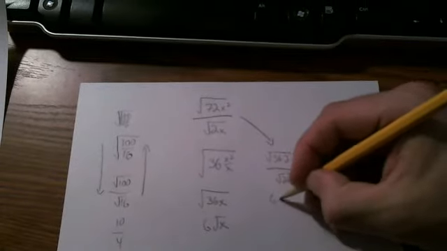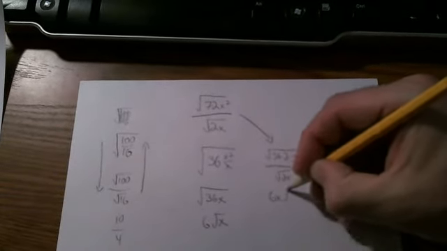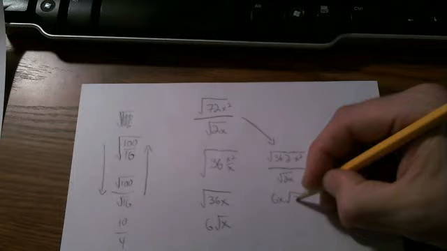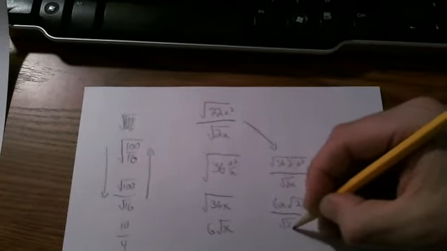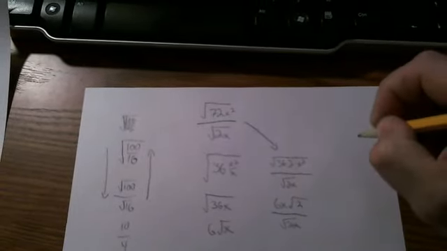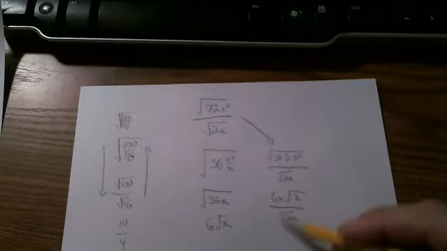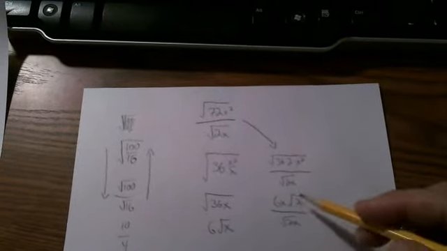So I could say 6x radical 2 over radical 2x. All the 2's cancel here, and I have radical 6x over radical x.